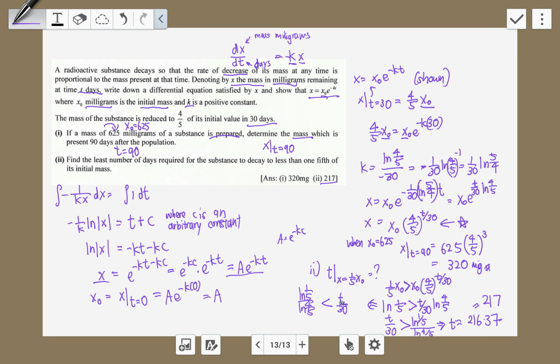And when I switch it back to the left hand side and this to the right hand side, the sign switches again. Then when I multiply 30 on both sides, t will be greater than 216.37, which means 217 is the least number of days. And that's it for this tutorial.